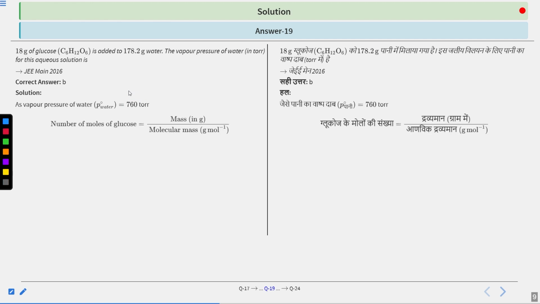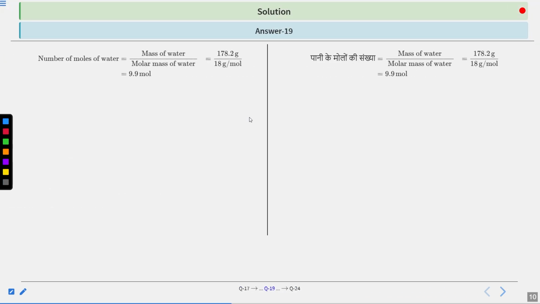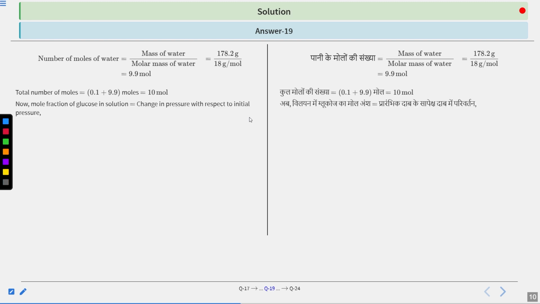Clear? Now the number of moles of glucose will be how much? Mass by molar mass, which gives you 0.1. Similarly, using the molar mass of water we can calculate the moles of water also. That will be 178.2 by 18, and hence 9.9 mole is the number of moles of water. Now we know the number of moles for both, and the total number of moles is 10.